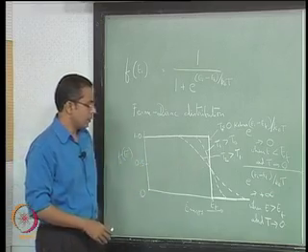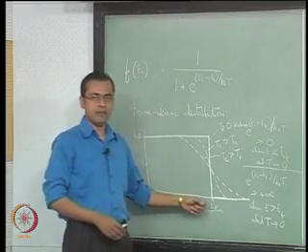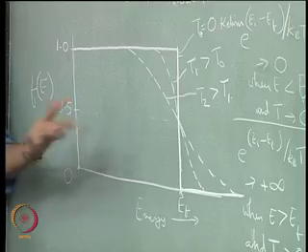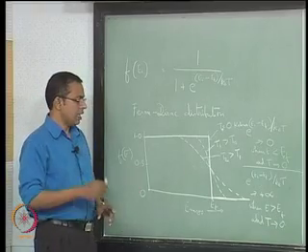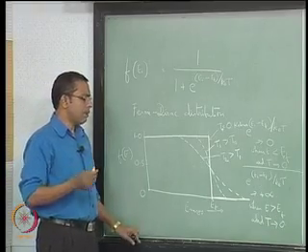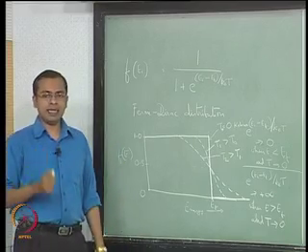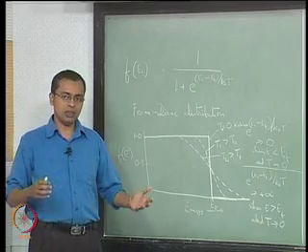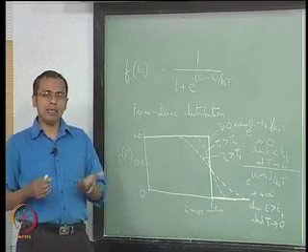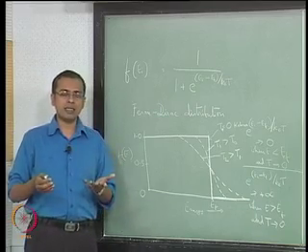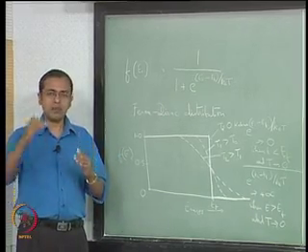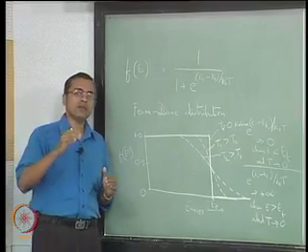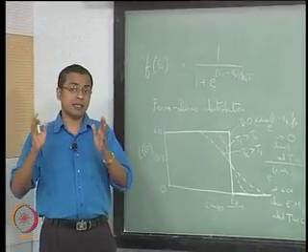Now let us get an understanding of this EF, because it is a constant. I just mentioned it to you as a constant, and we will see what it represents. We need to keep in mind that when we started the whole discussion on the Fermi Dirac distribution, we said that we are looking at a situation where you have specific energy levels, and at each of those energy levels there is a fixed number of states.